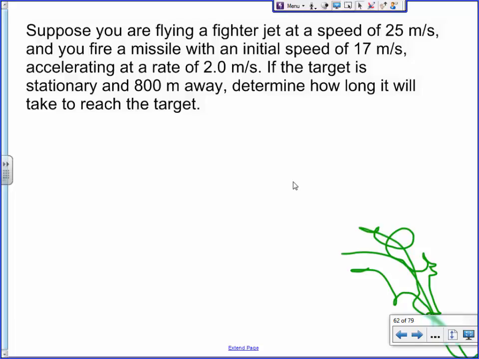I guess I'll grab my calculator now. First one I got was 14.